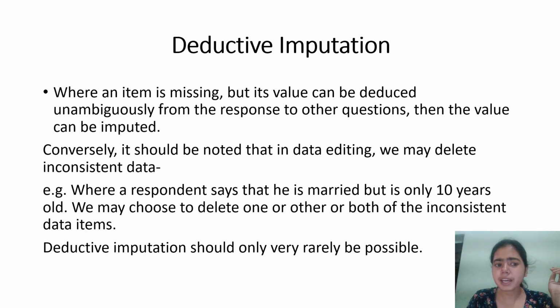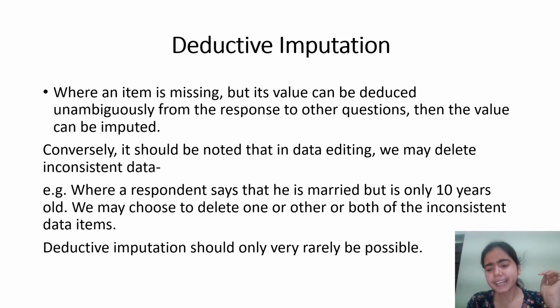Deductive imputation: when an item is missing but its value can be deduced. For example, a respondent says he is married but he is only 10 years old. Nowadays it's very rare that someone of 10 years is married.